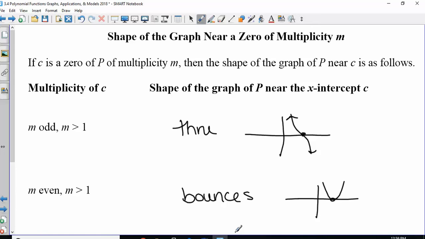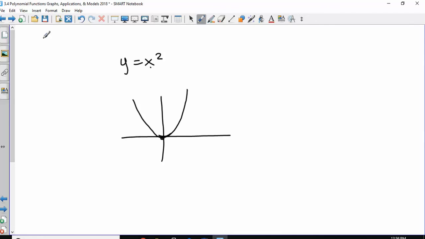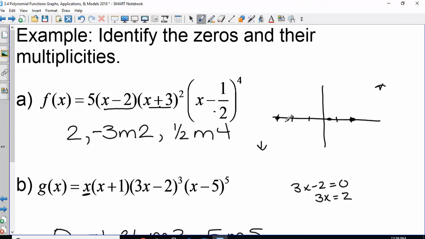Now if I'm looking back at the one we just did, at -3, my graph started down here. -3 had an even multiplicity, so what should my graph do? Bounce. Then we have to come back and hit it at 1/2, and 1/2 has an even multiplicity, so it should bounce.